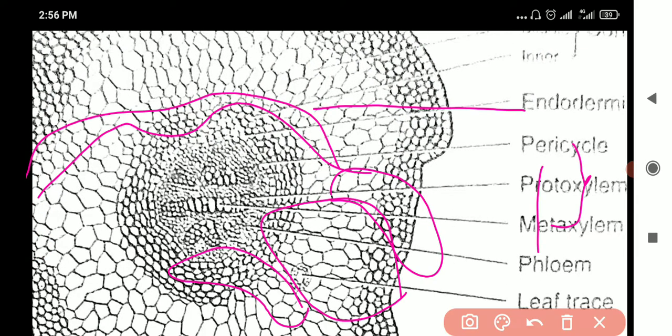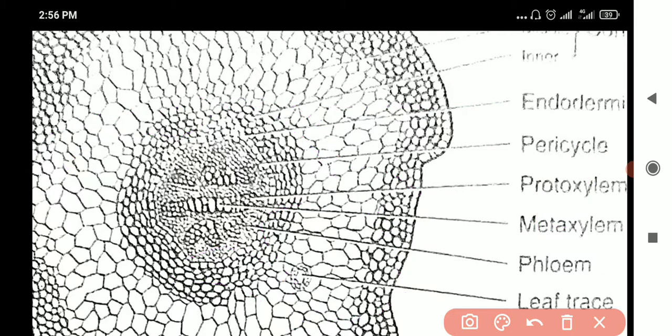Then inside the inner cortex, we find one layer of single cells, that is your pericycle. It's just one layer thick. Then inside the pericycle we find, remember we did stelar types, remember plectostele? This is the diagram of plectostele.